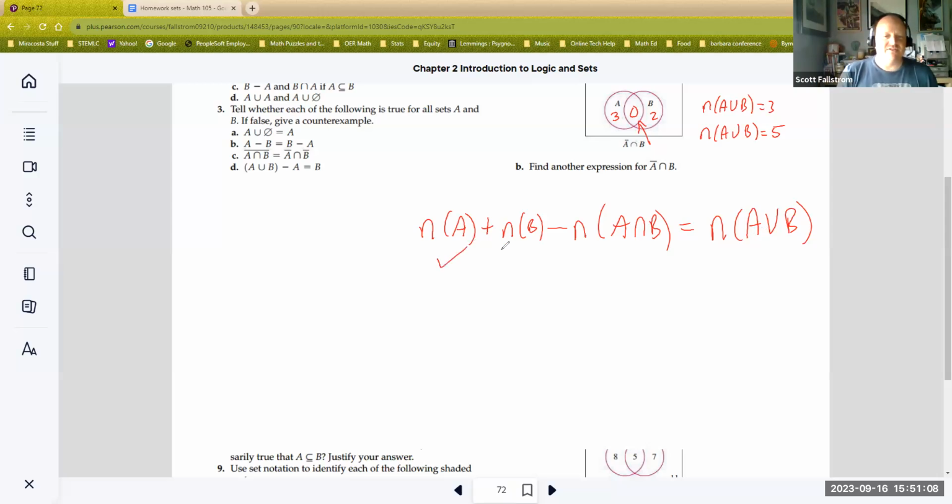So if you know how much is in A and you know how much is in B, if you have a lot of stuff in the intersection, that means you're subtracting more that is being double counted. The amount in the union is going to go down. So if one goes up, the other has to go down. Okay. That's a nice little connection there between those ideas.